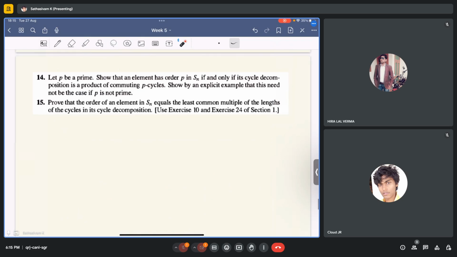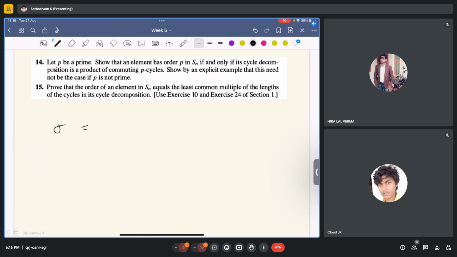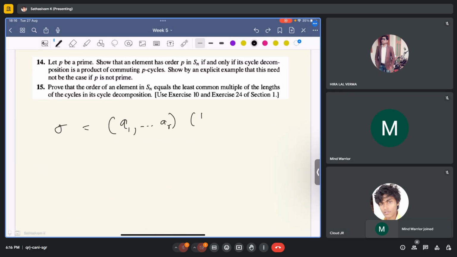So this is one of the interesting properties you can observe from here. It says that the order of an element in S_n is equal to the least common multiple of the lengths of the cycles in the cyclic decomposition. Suppose I have a sigma, which I write as a product of cycles: one cycle is (a1 ... ar), and the other is, let's say, (b1 ... bs).